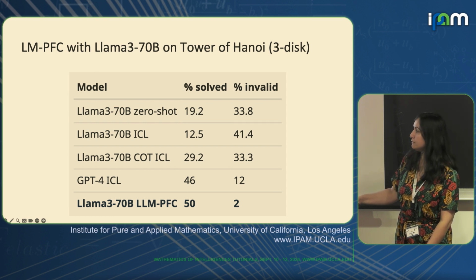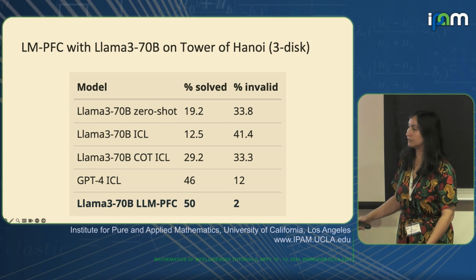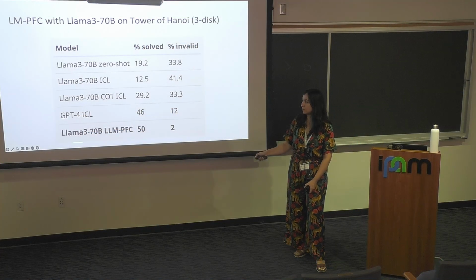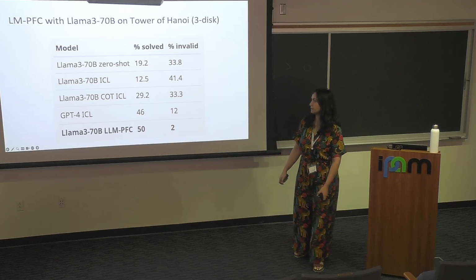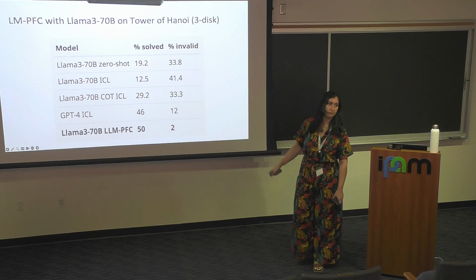So if you had GPT-4 with given examples, and compared it just to our Llama 3 PFC, that does better. And you can also see that if we add just in-context learning or chain of thought plus in-context learning, it does better than the original, but it almost doubles the performance for the other case.